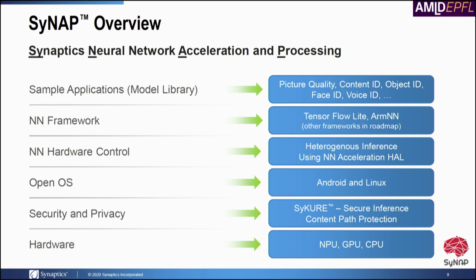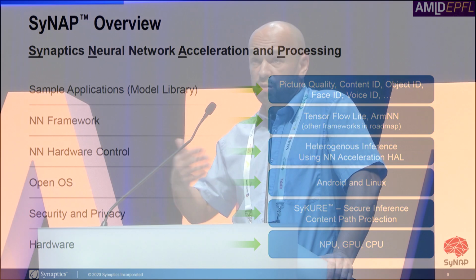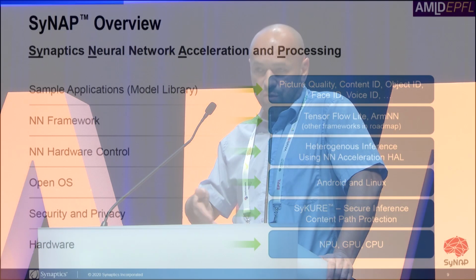So the Synapse framework, which stands for Synaptics Neural Network Acceleration Processing, brings some sample applications that we, Synaptics, or our customers are interested in. It also brings drivers. It implements standard libraries and standard APIs, like the one defined by Google, the Android NN API. And it can run on various platforms like Android and Linux.